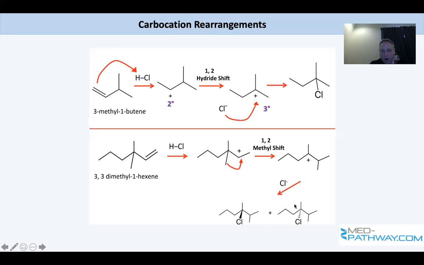So you get the R and you get the S. These are the dominant products. So what do you have to do? Anytime you have a secondary carbocation, what are you looking for? A reason for it to shift. It can only shift from secondary to tertiary. You would never shift from primary to secondary.